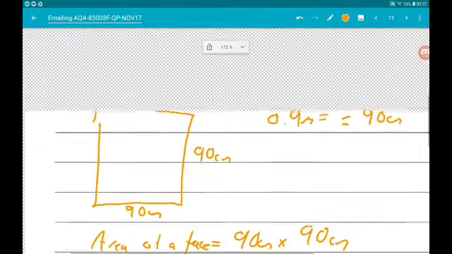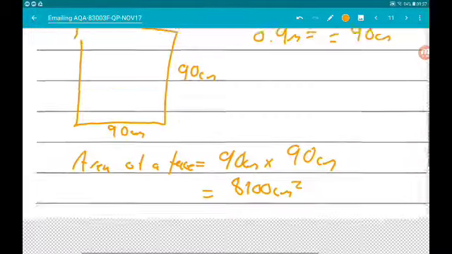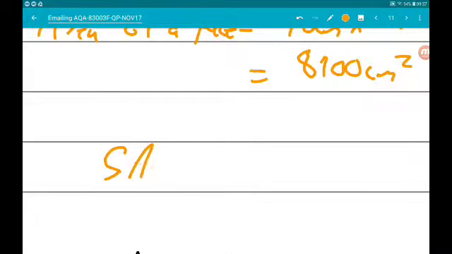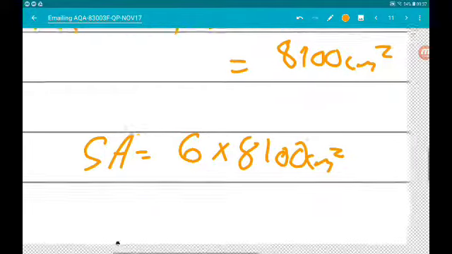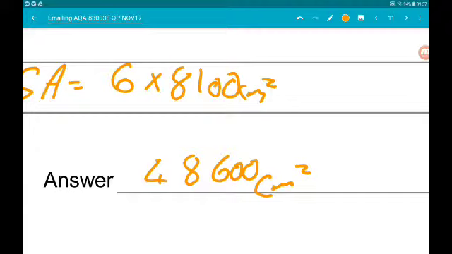Now a cube has 6 faces. Now they're all going to have that same area. So the surface area is 6 times 8,100 centimeters squared, which is 48,600 centimeters squared. Cool.